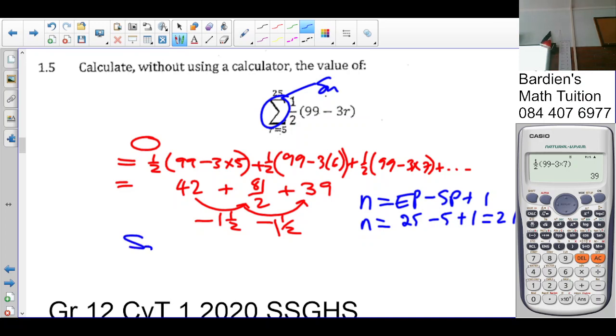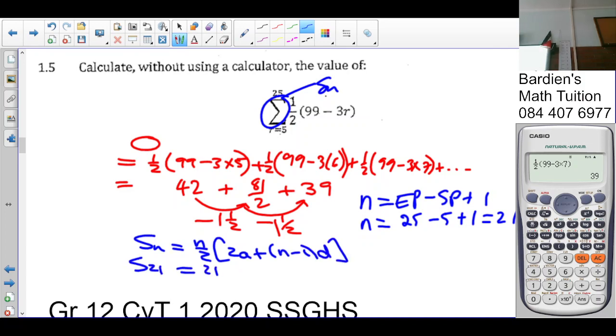So S21 is equal to, firstly, Sn, you do that first. Sn is equal to n over 2 into 2a plus n minus 1 d. So you'll have S21 is 21 over 2 into 2 times a, which is 42, plus 20 times d, which is negative 1.5.